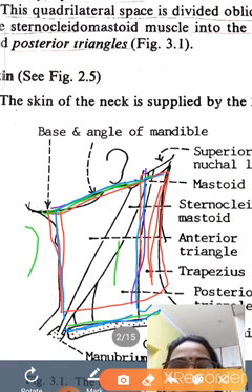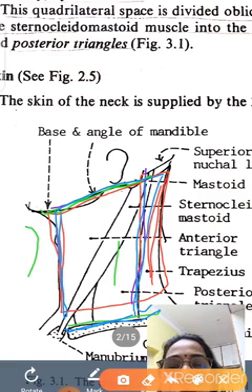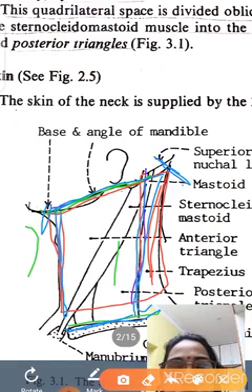It contains the various triangles. So anteriorly by the anterior median line, posteriorly by the anterior border of the trapezius, superiorly by the base of the mandible, that is the line joining the angle of the mandible to the mastoid process, and the superior nuchal line. The lower border is the superior border of the clavicle.